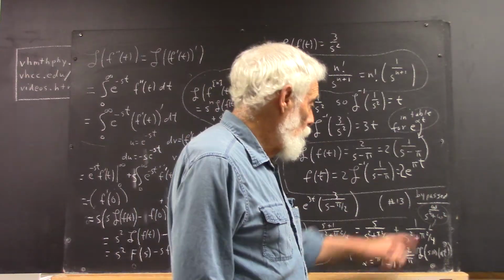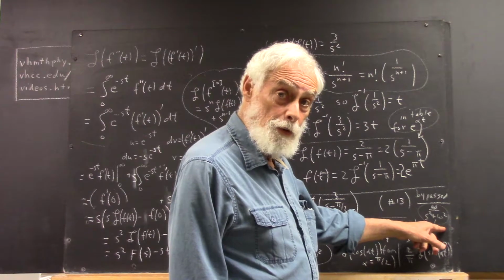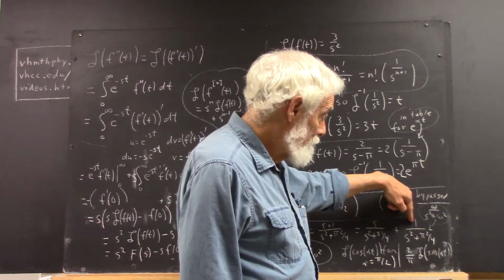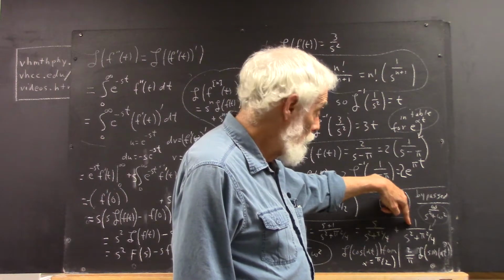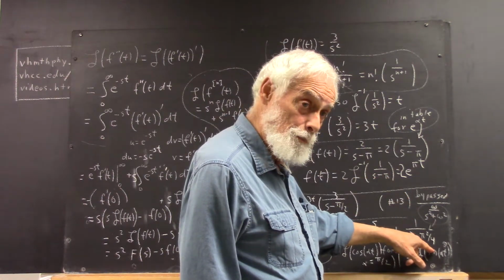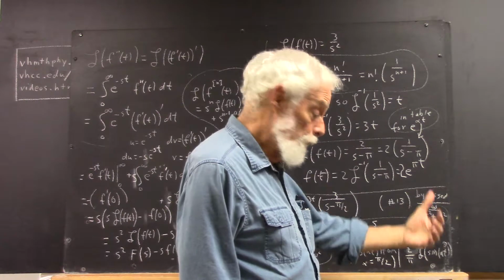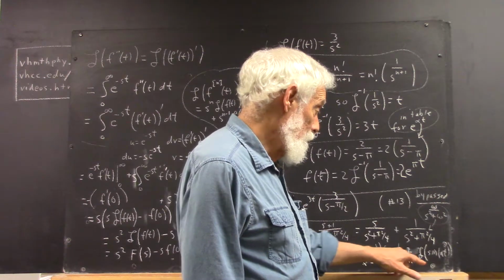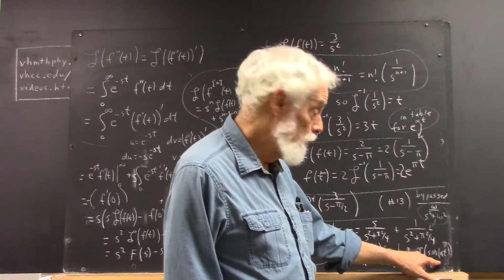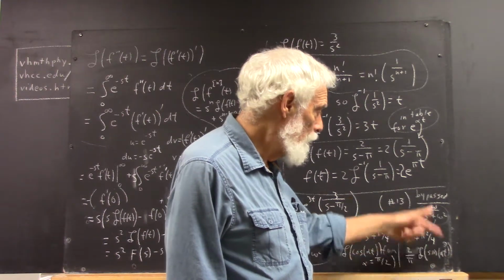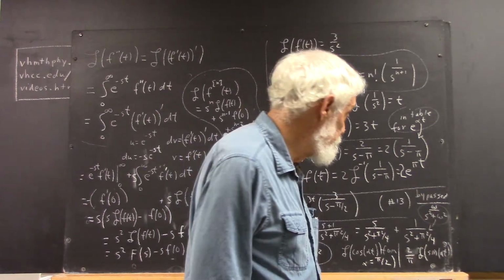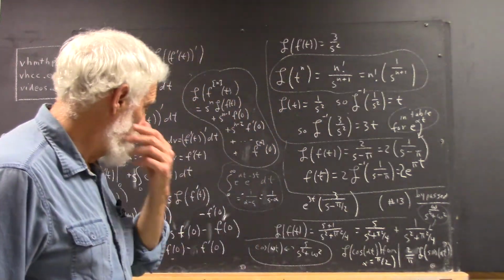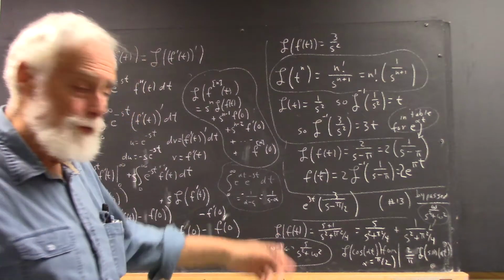So omega over s squared plus omega squared would be the sine of omega t, but we don't have our omega up here. Our omega is pi over 2, so it follows, and you can think about this a little bit, that this is 2 over pi times the Laplace transform of the sine of alpha t, with alpha equal to pi over 2. Okay, now I might write that out again, just in a very short video, but that's the way it works.